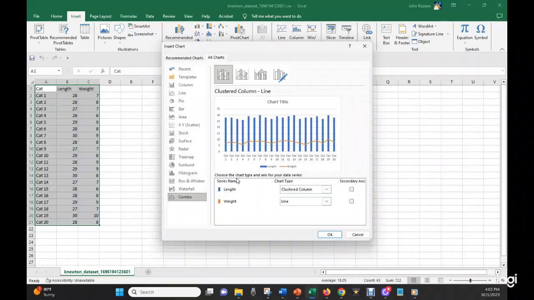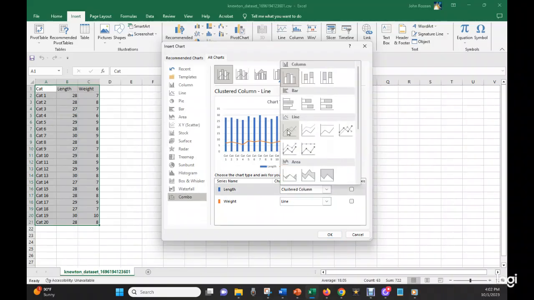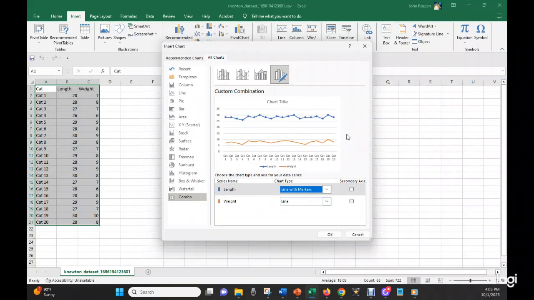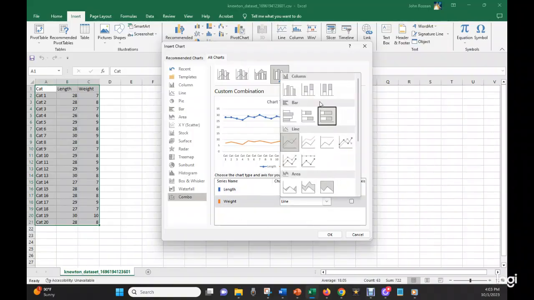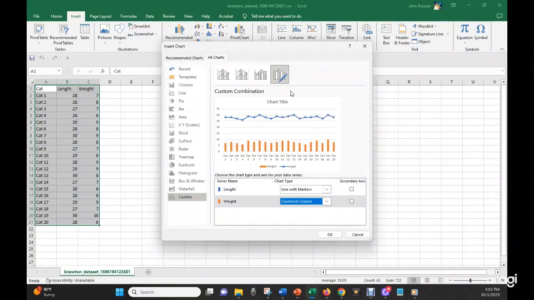If we remember our question, we want a line representing the lengths, and let's go ahead and put it that way. And we want the weight in a bar chart here. Similar to that right there.